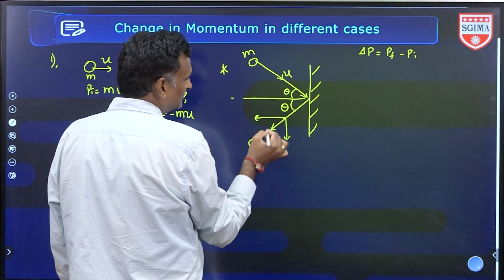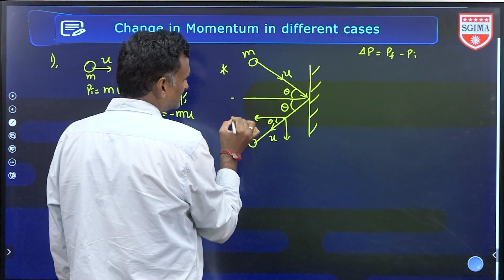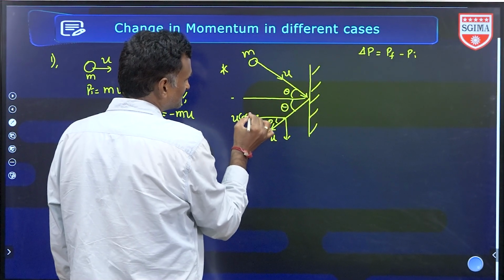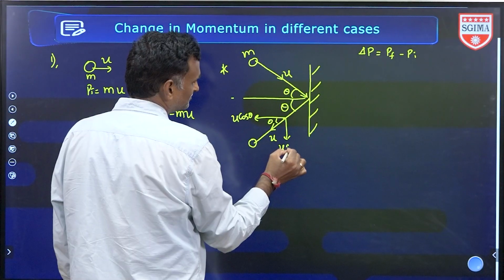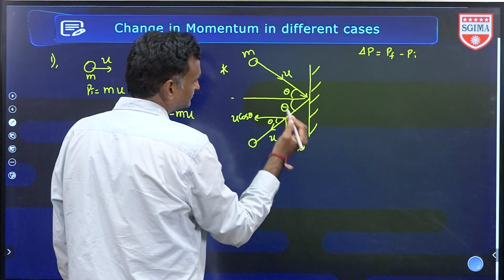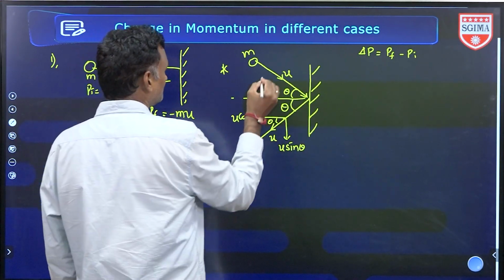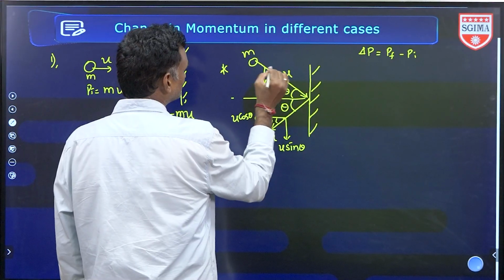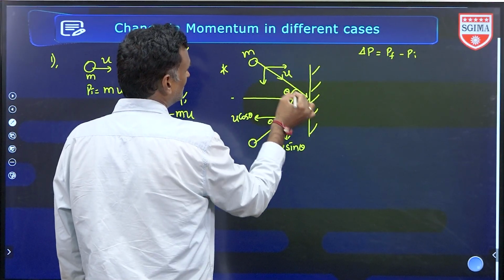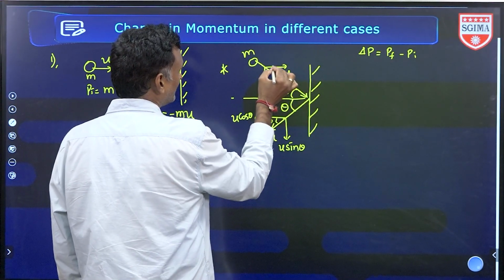This is u and here it is theta, so this becomes u cos theta and this becomes u sin theta. At the same point here also, with the horizontal it is making theta.